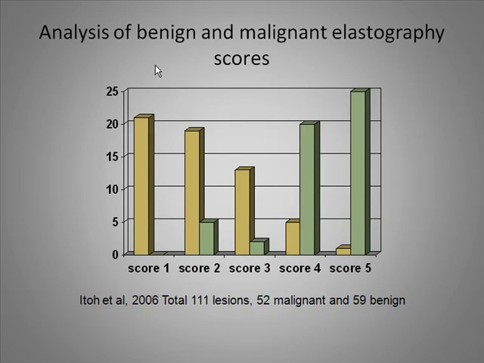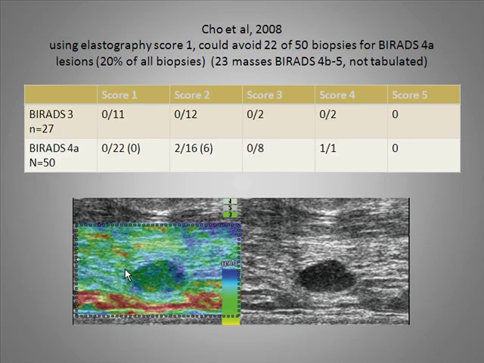So I'm going to concentrate on this elasticity score 1 and see if we can add that to our morphologic assessment to decrease our benign biopsy rate. And here is a series from Dr. Cho, who is one of the investigators who has started to correlate elasticity scores against BI-RADS appearance.